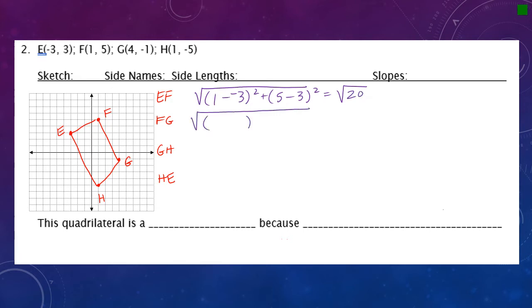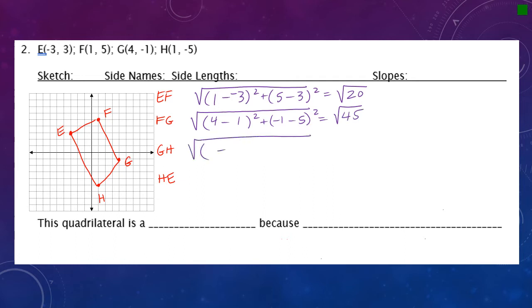All right, now I'm going to do side FG. So I would have 4 minus 1 and negative 1 minus 5. And this turns out to be 45 under the radical.